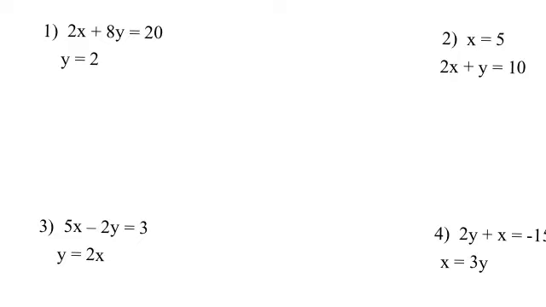So here we'll take a look at the first one, and we see 2x plus 8y equals 20. And they're telling us that y is equal to 2. So in order to satisfy step 1, I'm going to rewrite the first equation, 2x plus 8. And instead of writing a y, I'm going to use a parentheses.